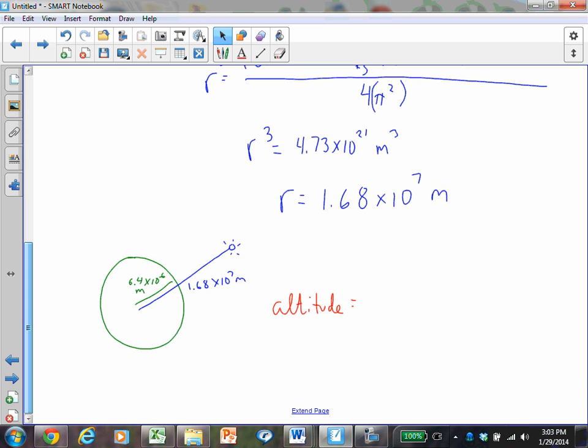Now the altitude here would be 1.68 times 10 to the 7. That's right.